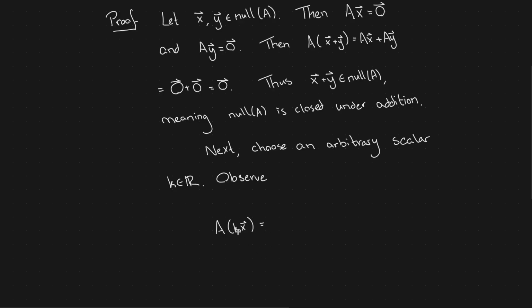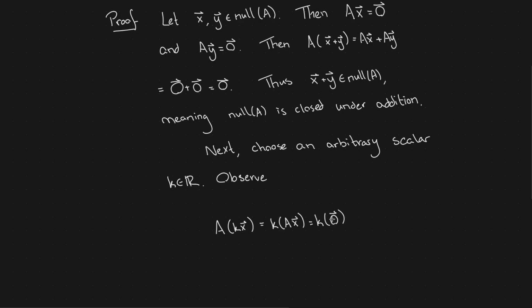But remember, with scalar multiplication and matrix vector multiplication, I can move the scalar wherever I want. So I could, for example, move it over here. And A times x, because x is in the null space of matrix A, is just the 0 vector.